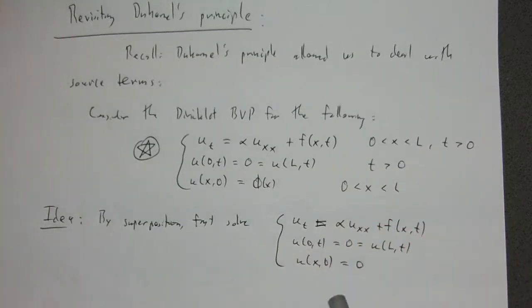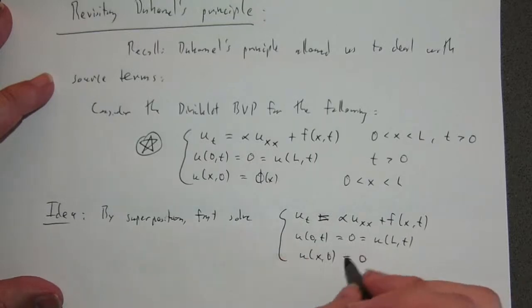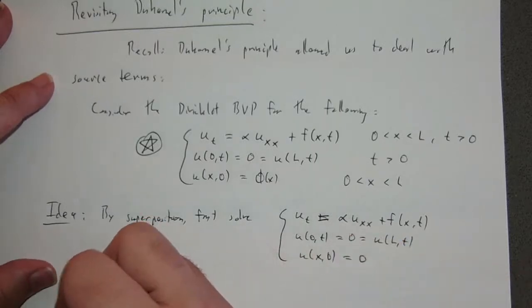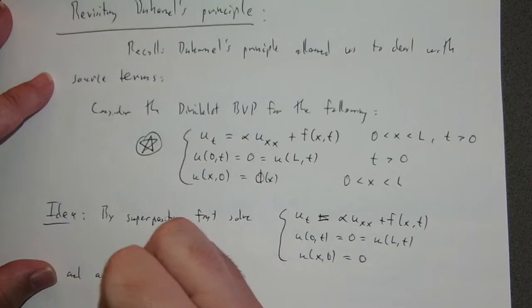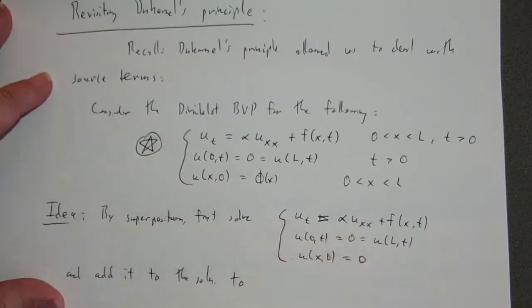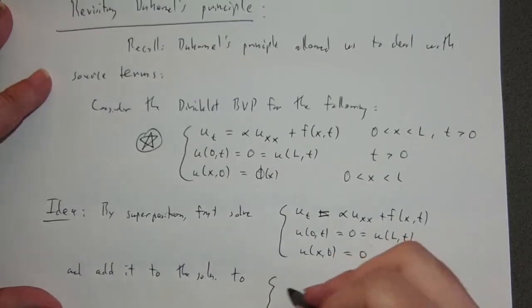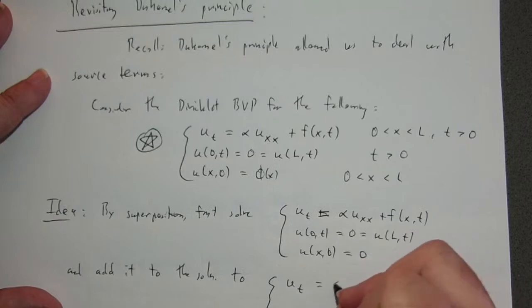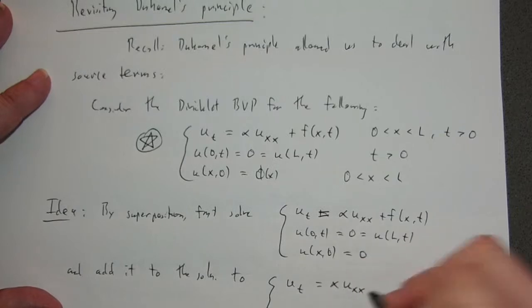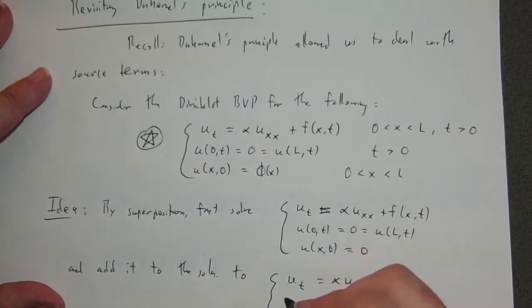Both initial and boundary conditions are 0 here. And if I can solve this, I add it to the solution to the equation that is now lacking a source term entirely, but is our usual initial value problem for the Dirichlet boundary conditions.